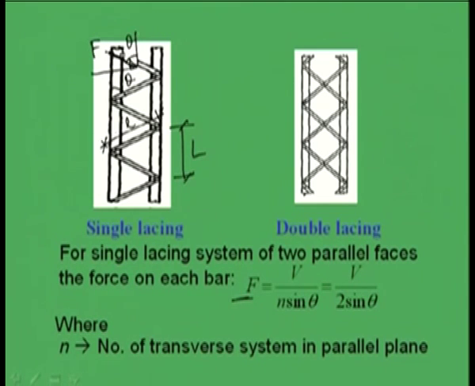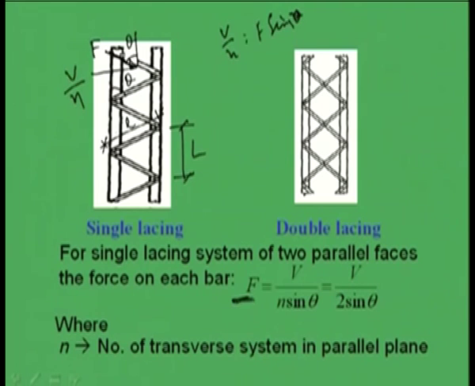Now, if this is F and this is V by N, where N is the number of transverse systems in parallel planes, then we can write that F is equal to V by N by sin theta, or V by N is equal to F sin theta.